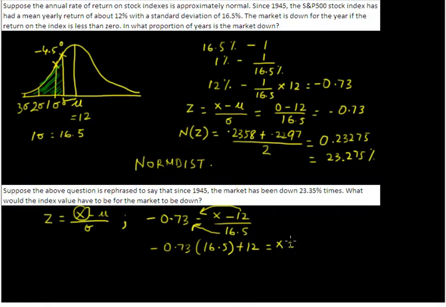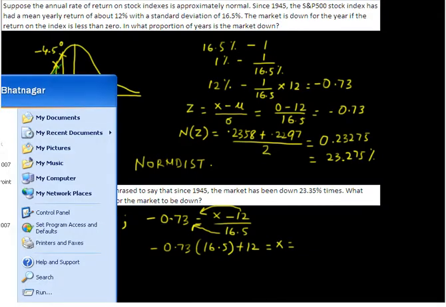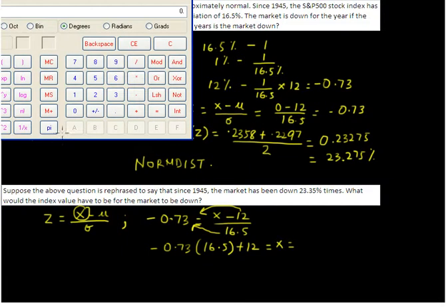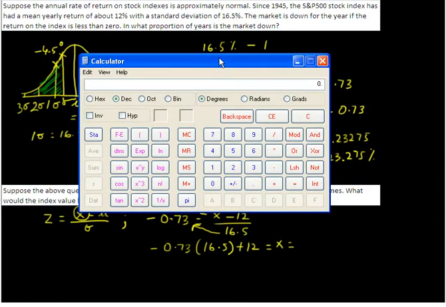Let us invoke the calculator and see what we get. Minus 0.73 multiplied with 16.5 is equal to this, and we add plus 12.